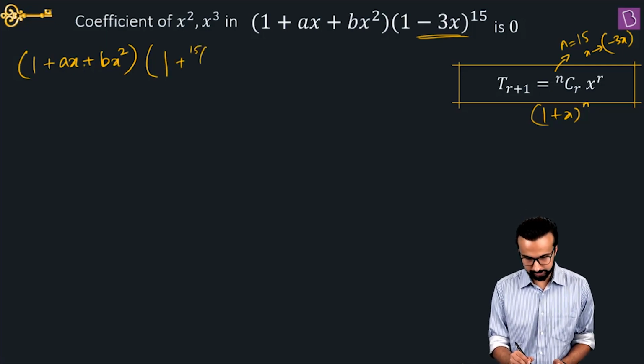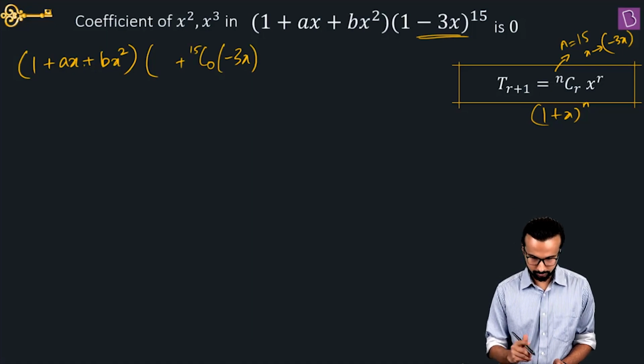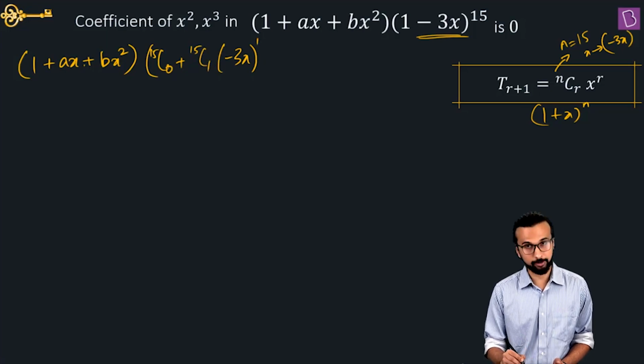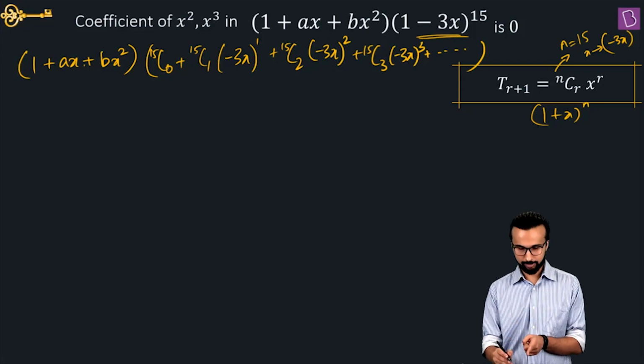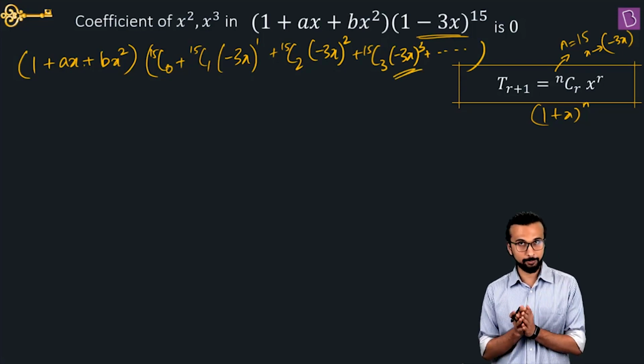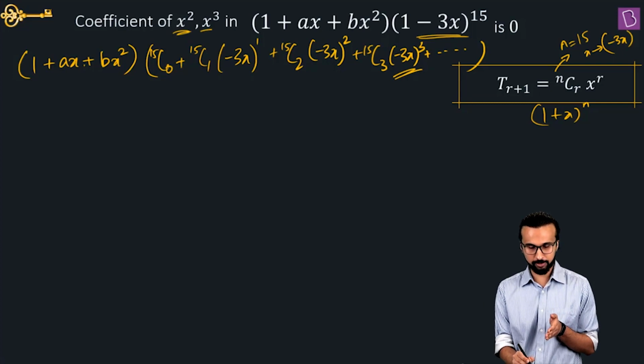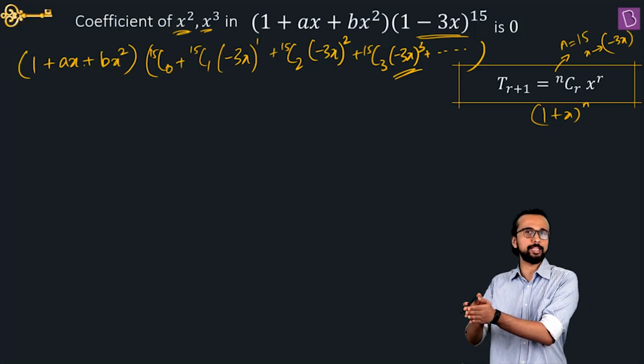The second term is 15C1 into minus 3x power 1, plus 15C2 into (minus 3x) power 2, plus 15C3 into (minus 3x) whole cube, and so on. I am writing only till the x cube term. Why am I doing that? Because I'm looking for the coefficient of x square and x cube, so I won't need to go anything beyond that.